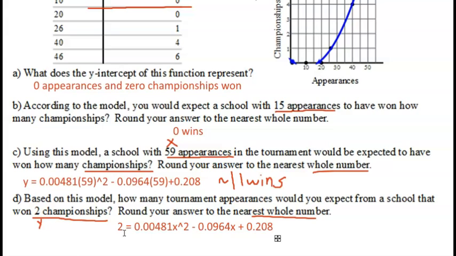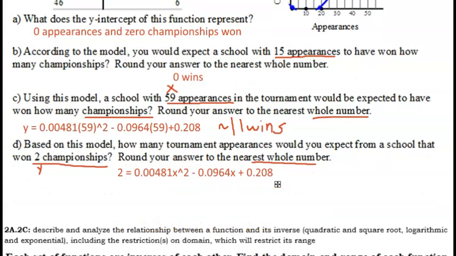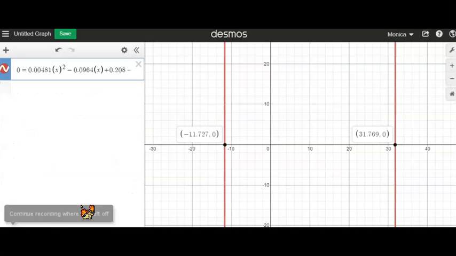The first thing you want to do is just subtract 2 from both sides. And then you would have 0 on this side. And then you'll graph it and find the x-intercepts.